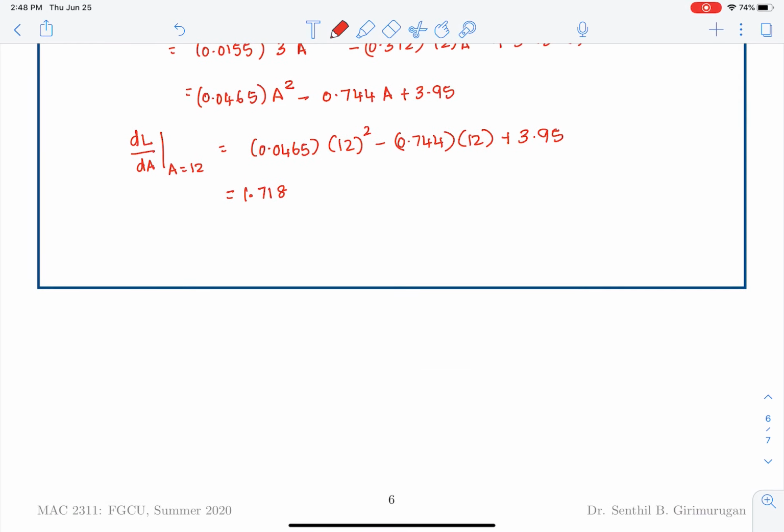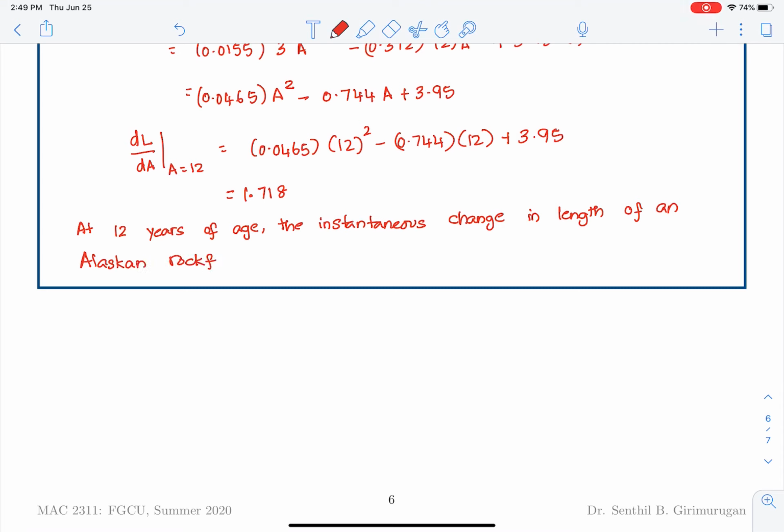So at 12 years of age, the instantaneous change in length of an Alaskan rockfish is 1.718 centimeters.